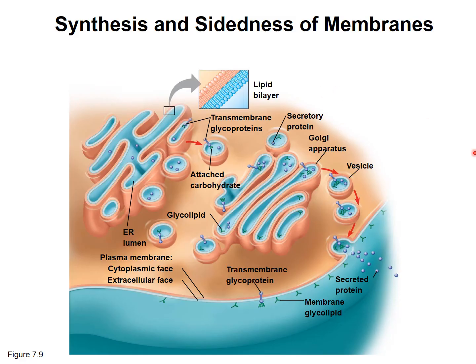Now, in terms of the membranes and the synthesis of a membrane, it just kind of basically forms. But in terms of the overall membrane of the cell, it can be synthesized during the process leading to vesicles.